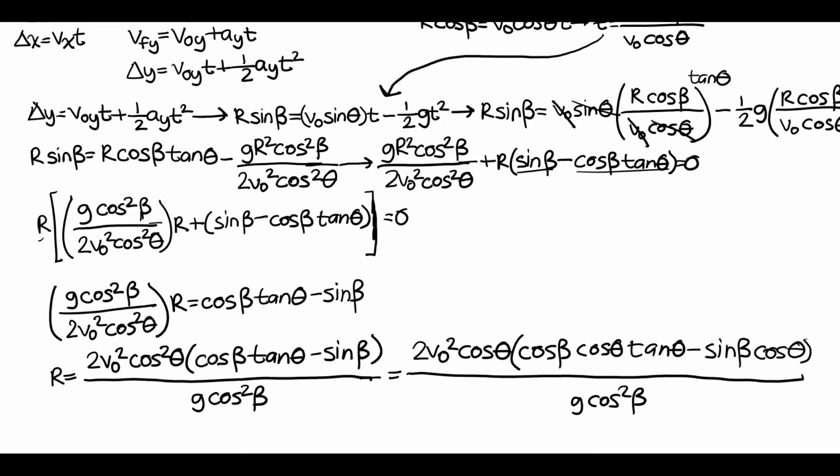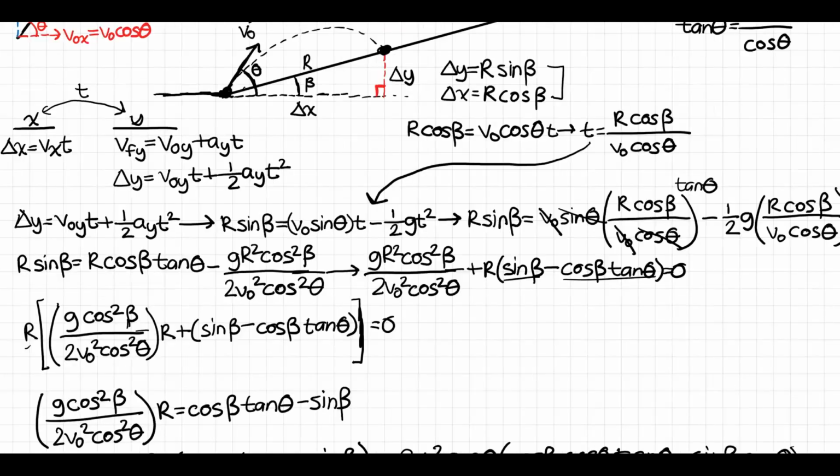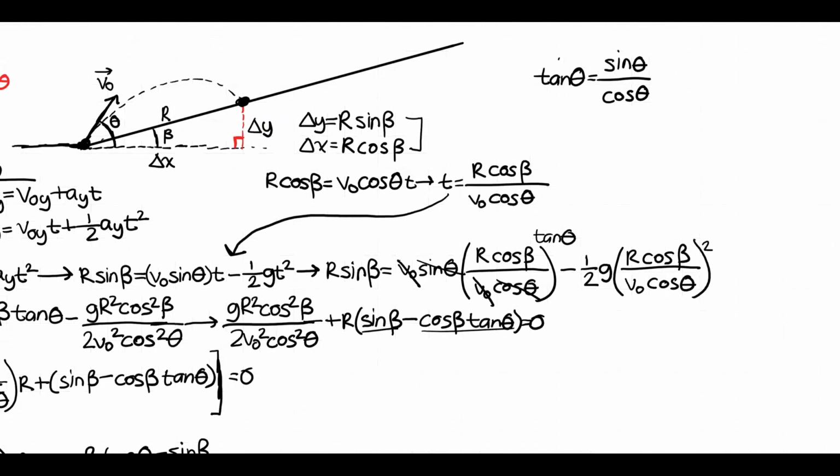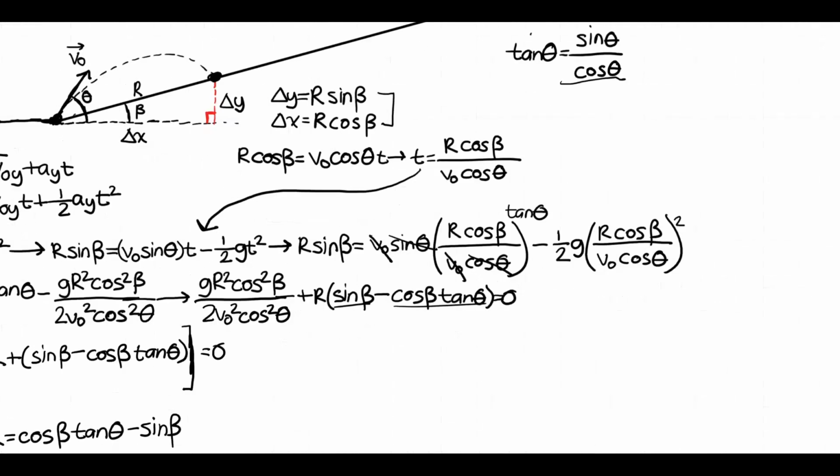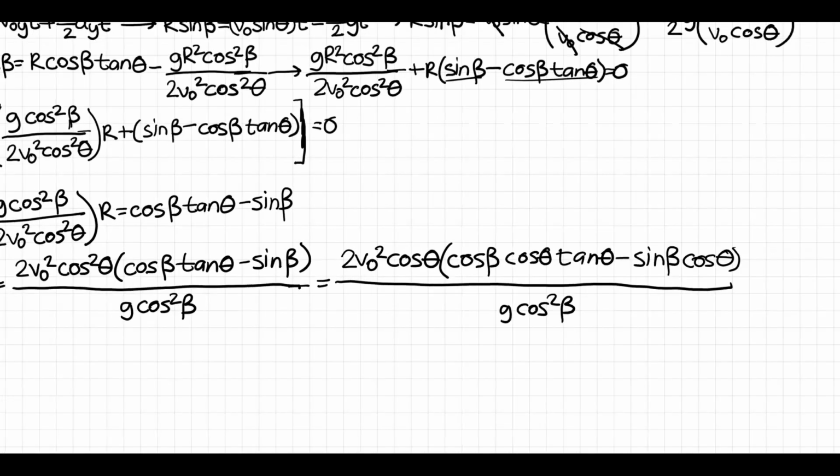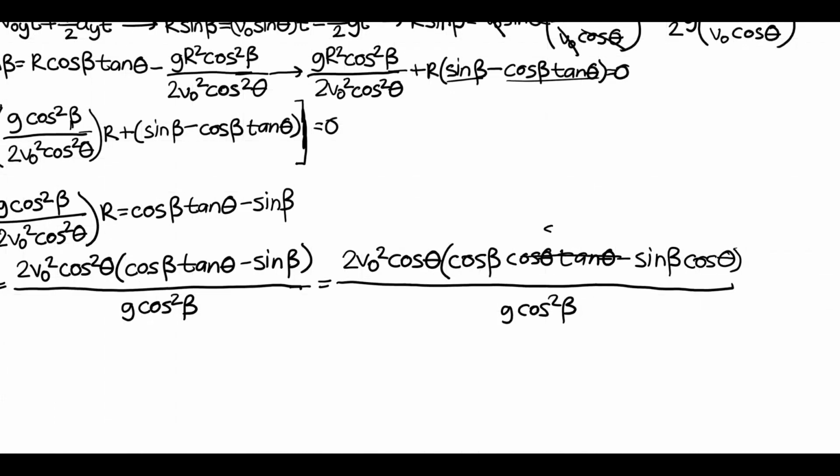Now note that from the identity tangent theta equals sine over cosine, this quantity is just sine of theta.